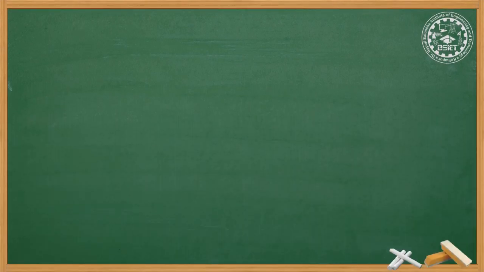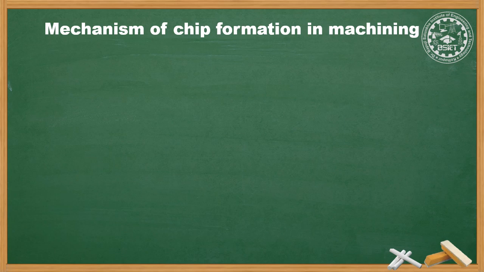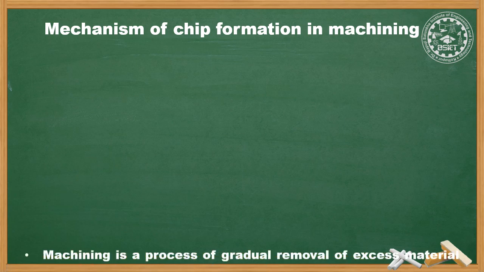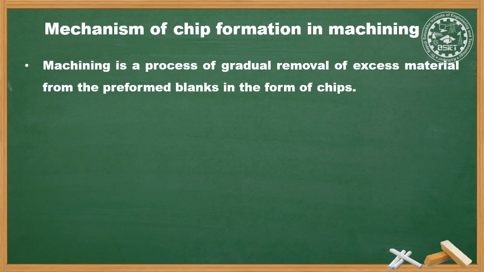Now let us see the mechanism of chip formation in machining. Basically, machining is a process of gradual removal of excess material from preformed blanks in the form of chips.